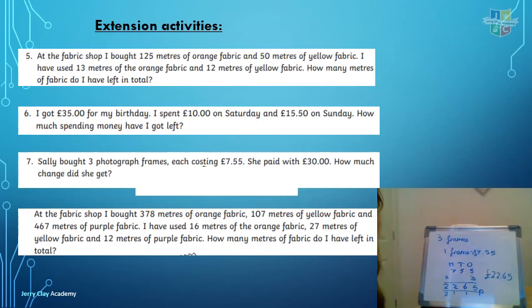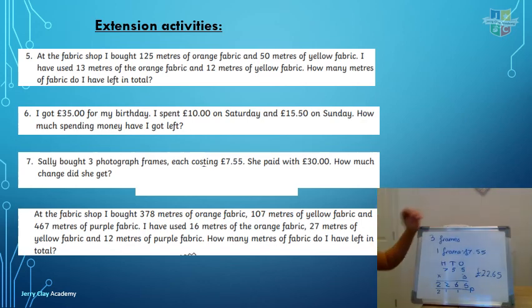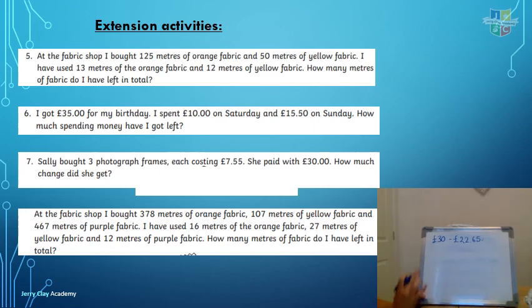But then it says how much change does she get from a £30? So I want to do £30 take away £22.65. I could do this 2 different ways. I could do it in column method, or I could do it as a number line to try and work it out. I could go up to my next 10, which will be £22.70.